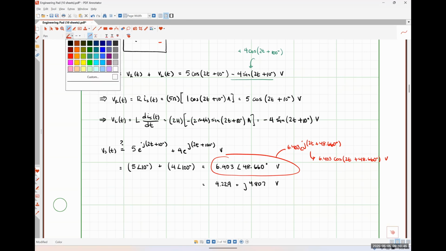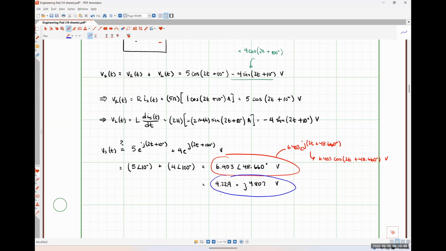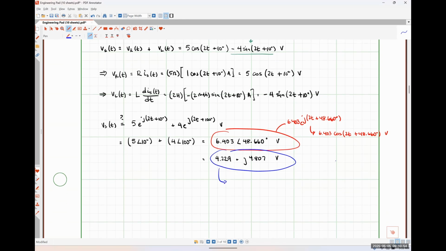So for what it's worth, this guy right here actually represents 4.229 cosine of 2x minus 4.807 sine 2x.